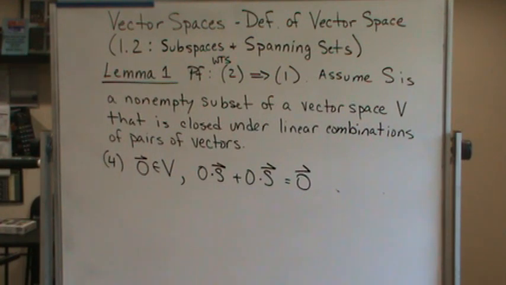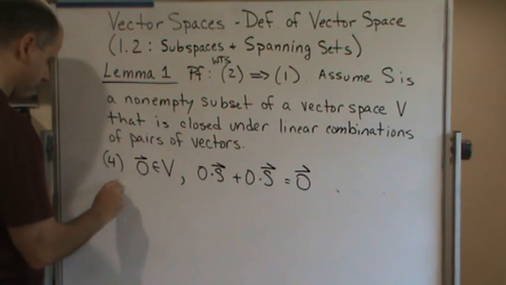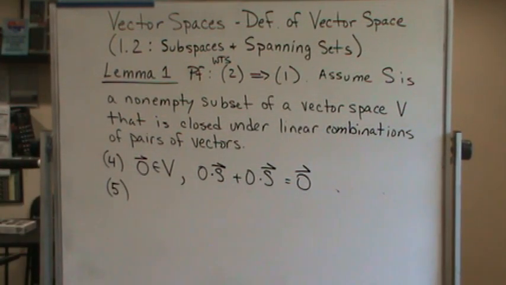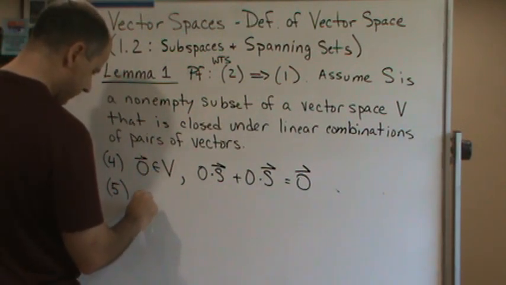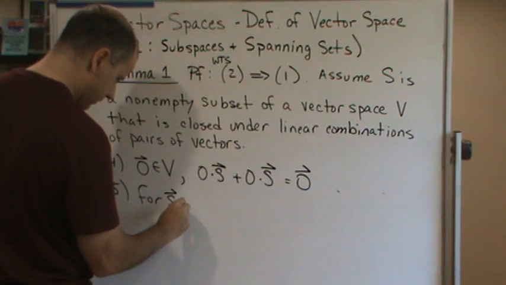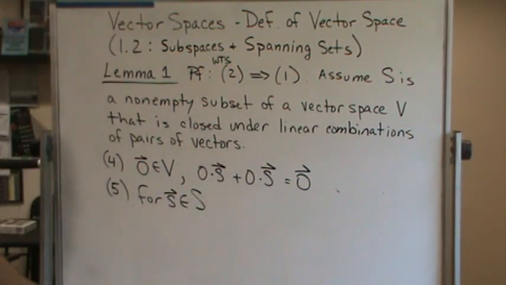And now the fifth condition. The fifth condition is satisfied because for any S in S, closure under a linear combination of pairs of vectors shows that we can get the additive inverse.